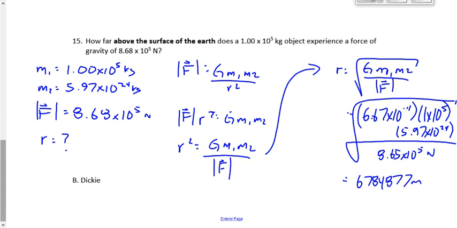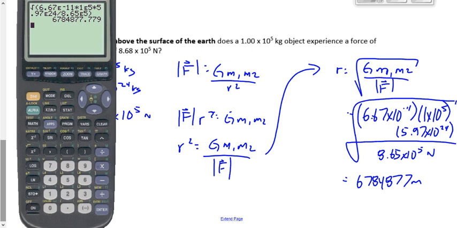Is that right? Oh, don't tell me I made a mistake again. What did I say? Oh, man, 8.65, 8.68. Yeah, they're close enough, aren't they? No, they're not.